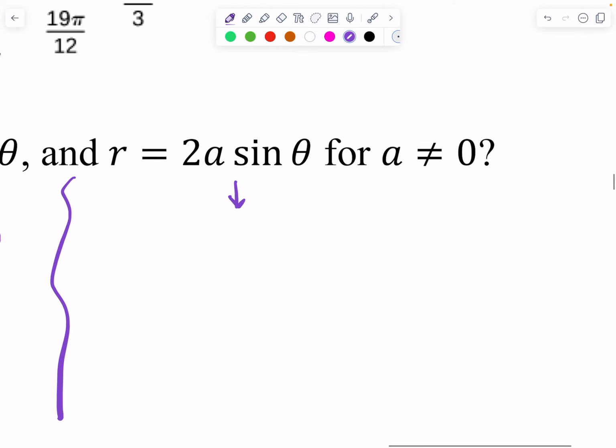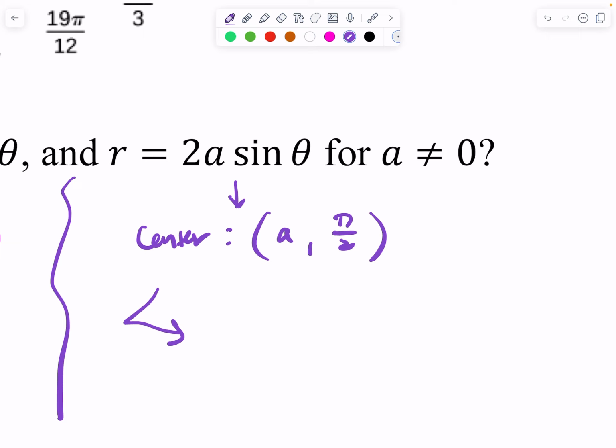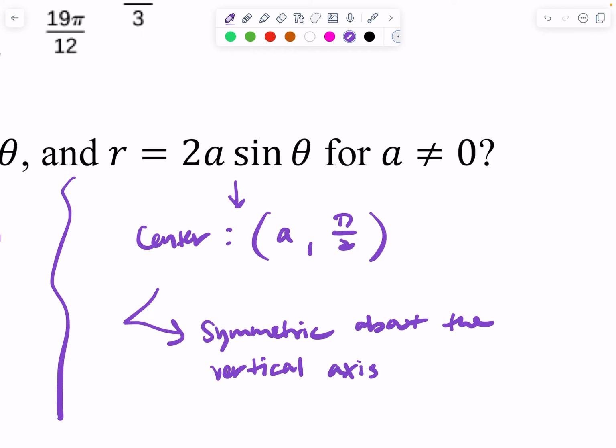Okay, or the horizontal axis. And for sine, the center would be at a comma pi over 2, with the graph being symmetric about the vertical axis, or theta equals pi over 2.